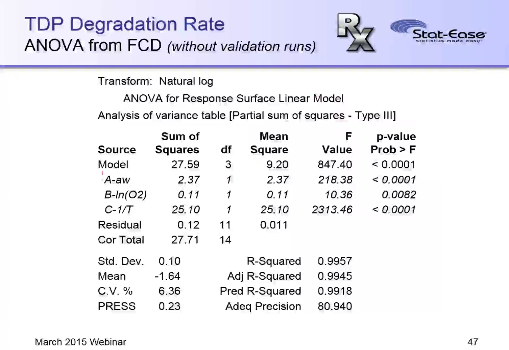Everything that we expected to occur scientifically here occurred. We see that the water activity, the oxygen, and temperature all had a significant effect on the drug degradation rate. These results are not really shocking. And we would go ahead and use information from the ANOVA and the coefficients table to get predicted values.